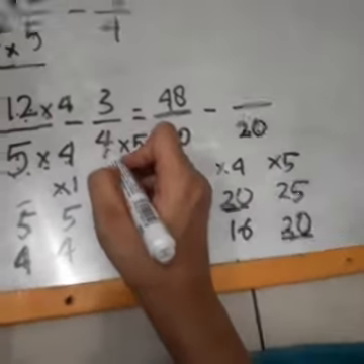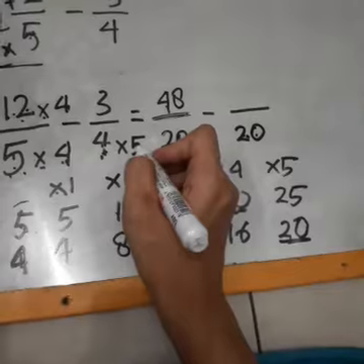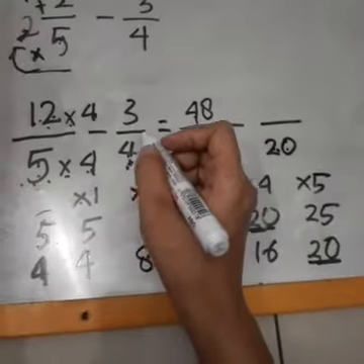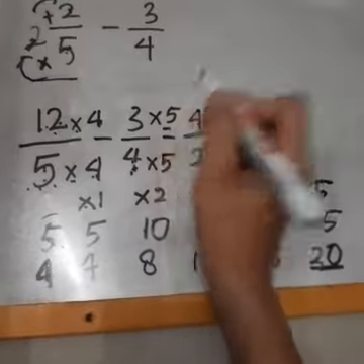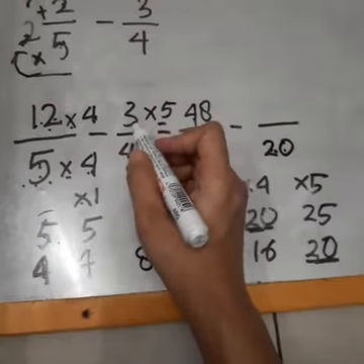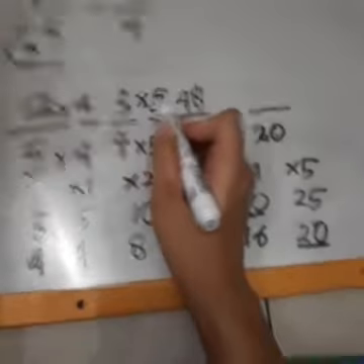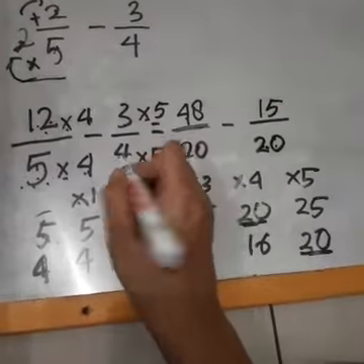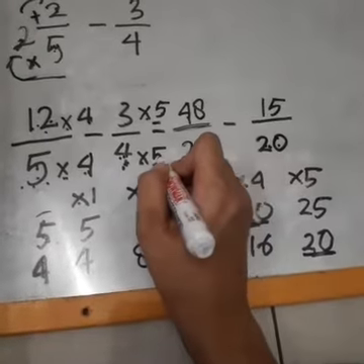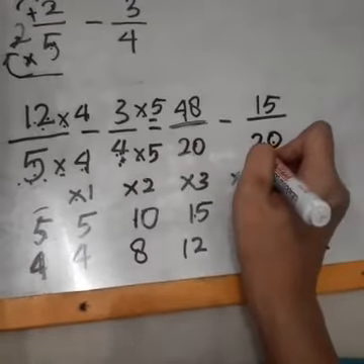If the denominator is multiplied by 5, the top number is also multiplied by 5. 3 times 5 is 15, and 4 times 5 is 20.